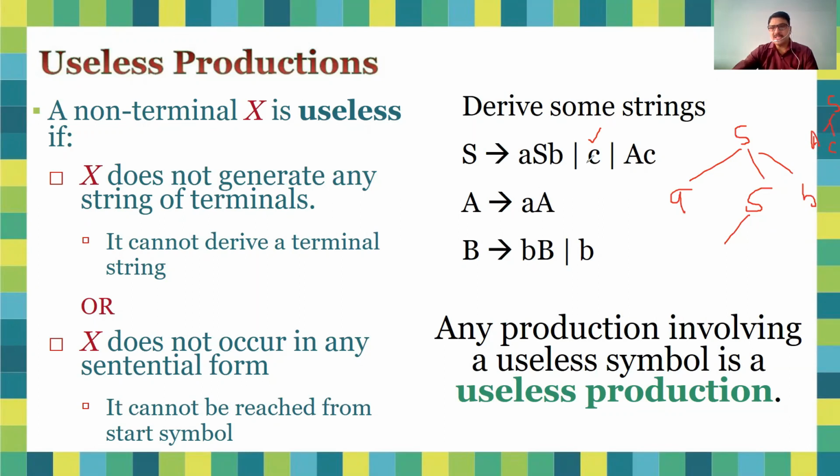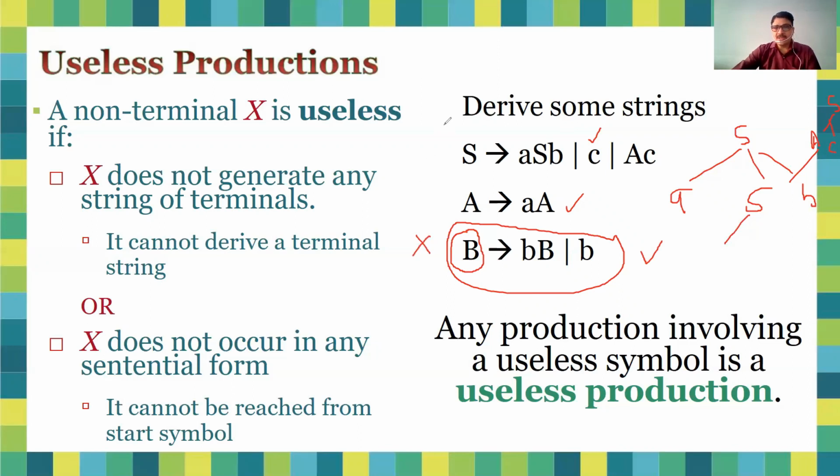In the same way, if you want to expand this AC, the production of A is given as AA, so you can expand by AA. But you can never reach the B production. That means you can say that the B symbol is a useless symbol in this given grammar, and all the productions of the B symbol can be called useless productions. So we can eliminate such productions from the grammar.